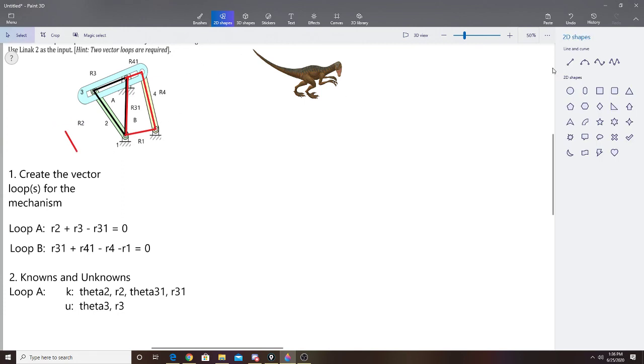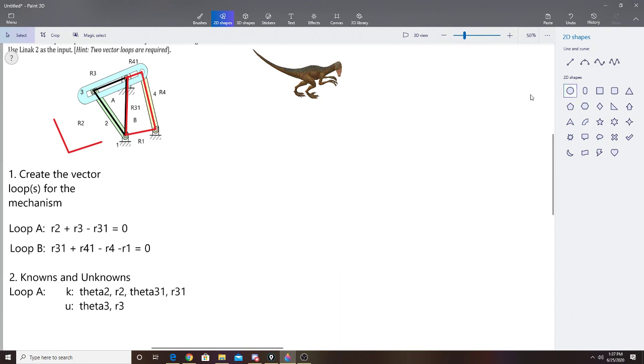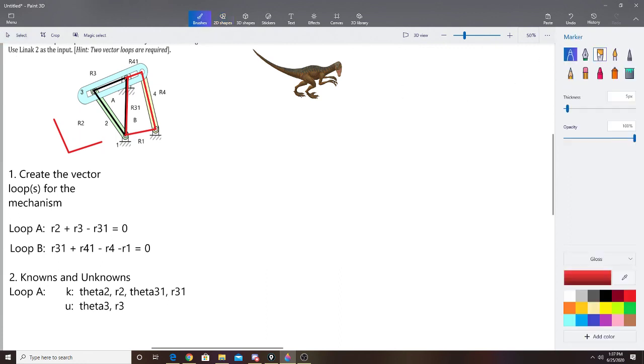Kind of going along, well, I didn't really do a good job of that, but we draw our coordinate system that goes right along that axis. And so what that does is that, you guessed it, it removes the angle from the unknowns.